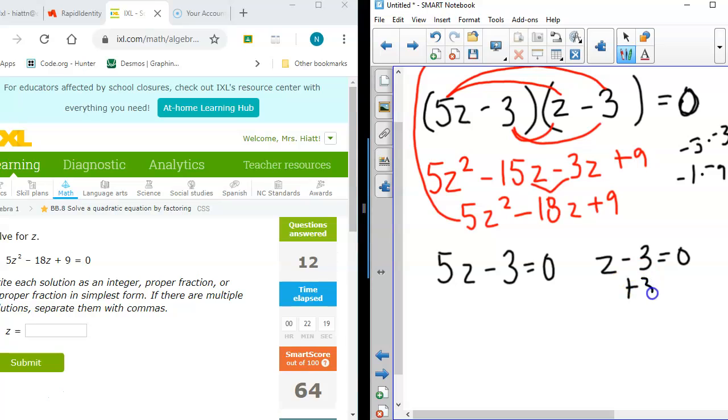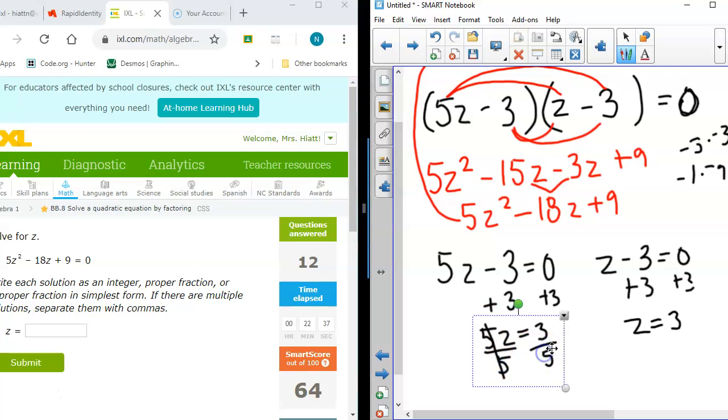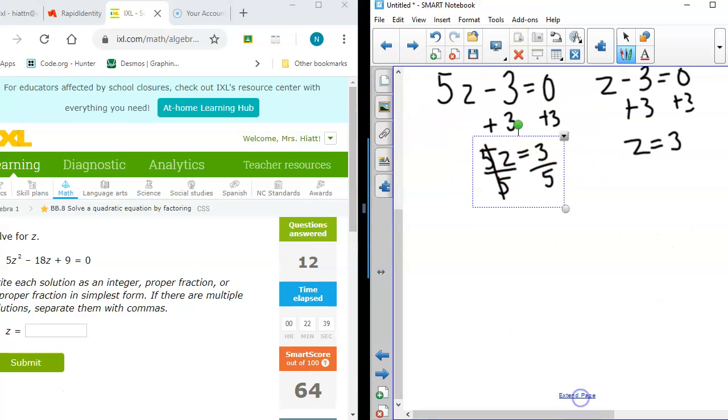So I'm going to add 3, and so z equals 3. And then over here, for this one, I'm going to add 3, which gives me 5z equals 3. And I'm going to divide by 5. So for that one, I'm going to end up with z equals 3/5.